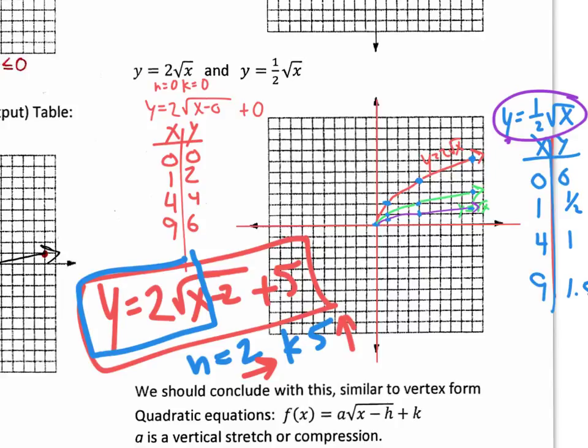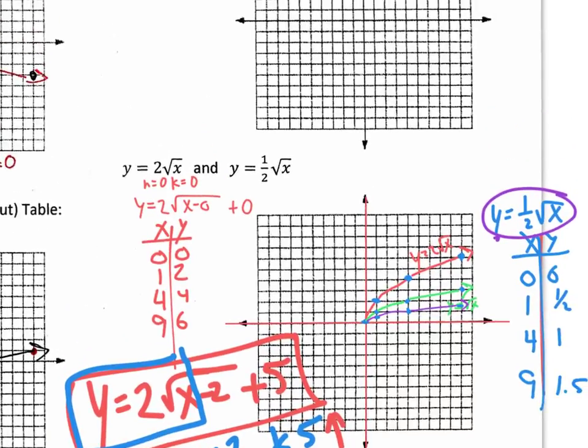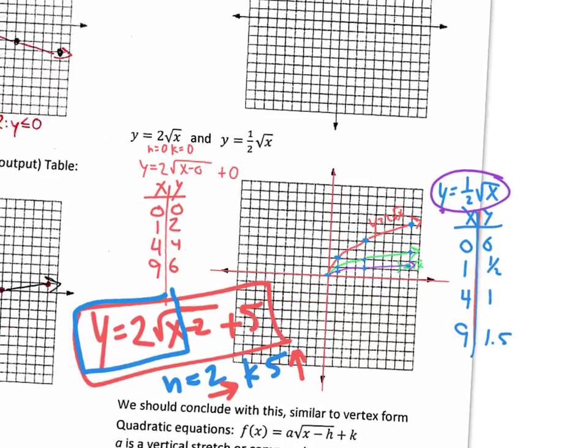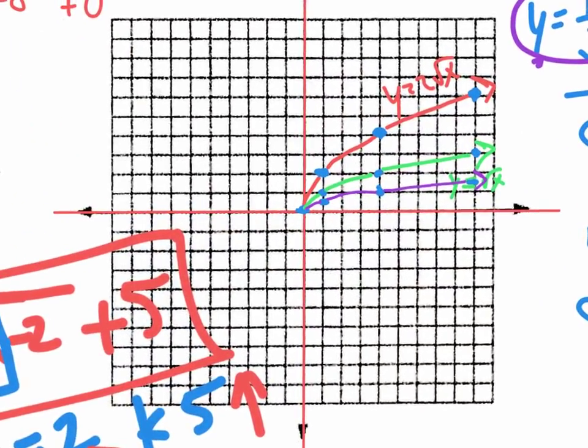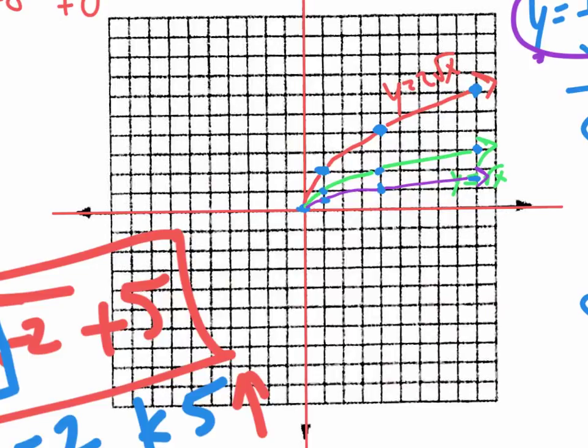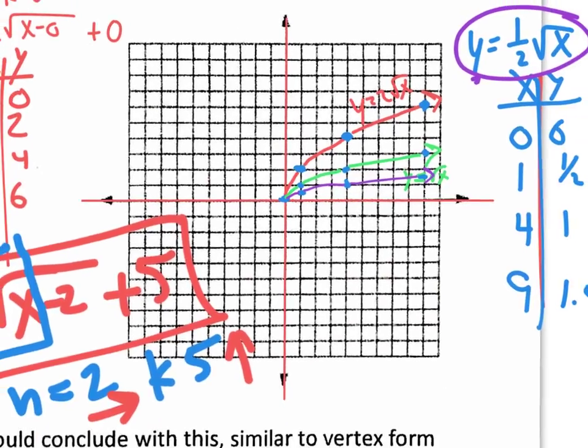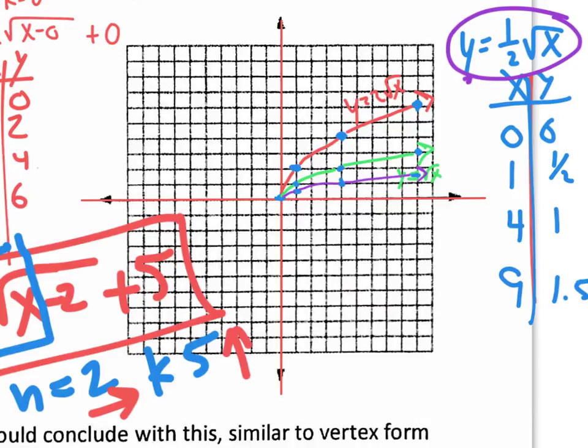By the way, let's identify the domain and range of these guys. And actually, all of these have the same exact domain and range. All domain and range could be identified with your h and k values. Okay, so all of these domain and range values would be what? Domain, x is greater than or equal to 0.